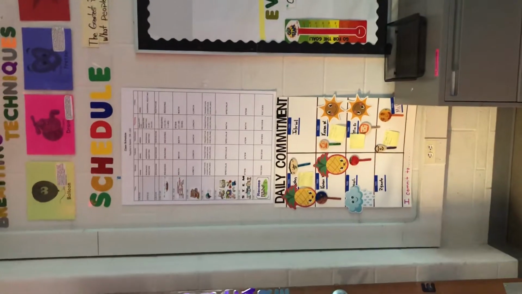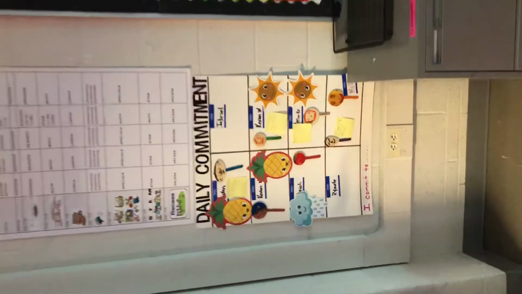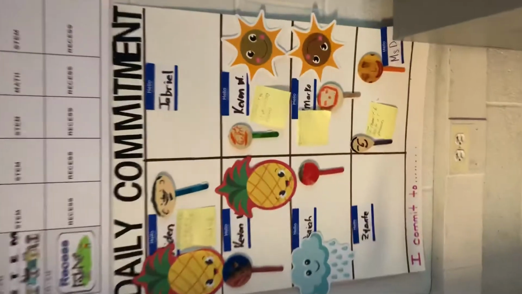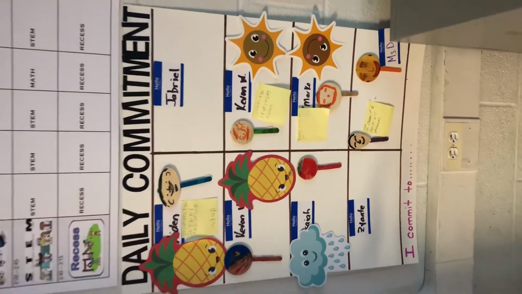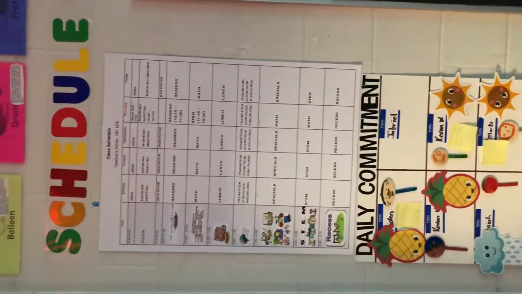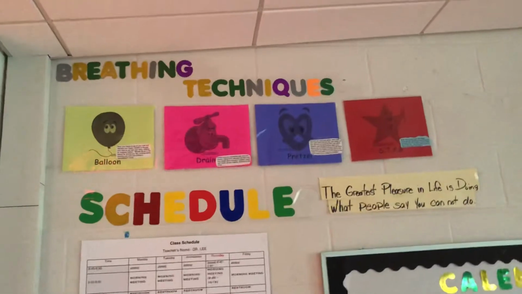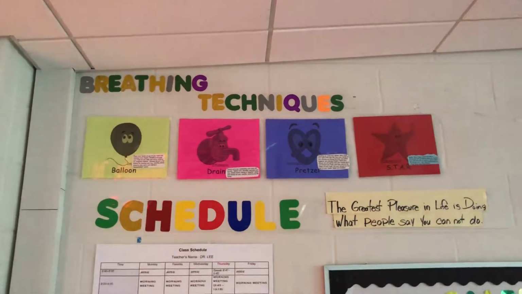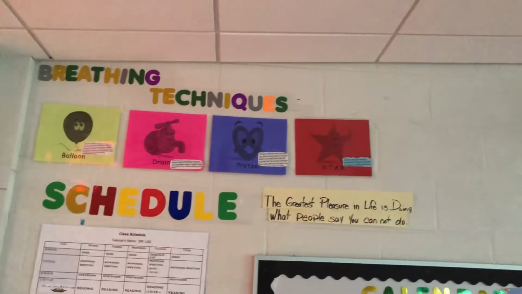You have the daily commitment where all students and the teacher make a daily commitment. You have the schedule posted, and you have strategies from conscious discipline that students can use when they become upset.